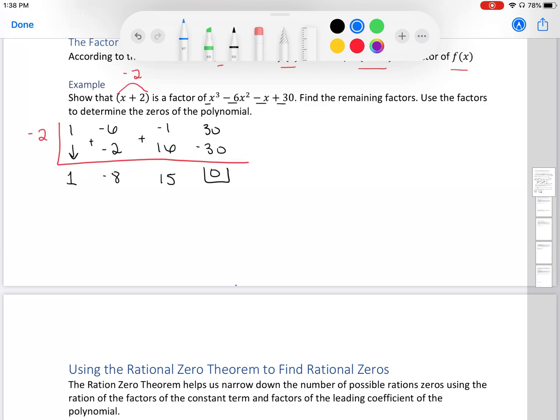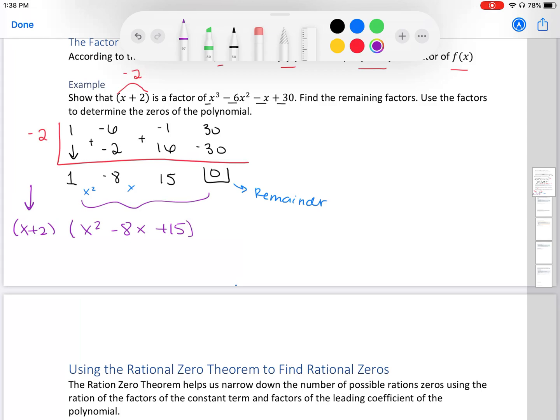All right, so that very last number is your remainder, and then you build up your polynomial. So it has x squared, x, and a constant. Really what we have is that we've divided and x plus 2 is a factor. This gives us x squared minus 8x plus 15.